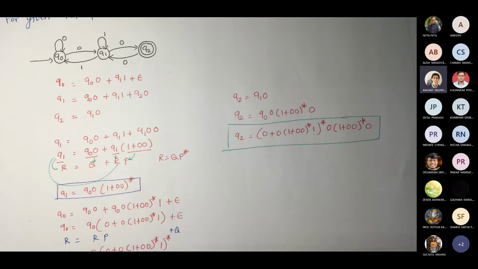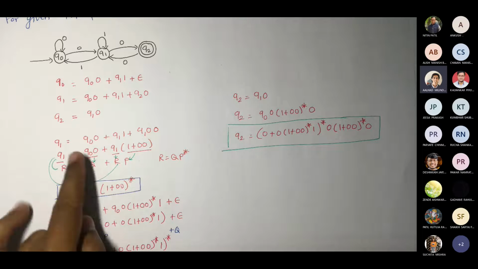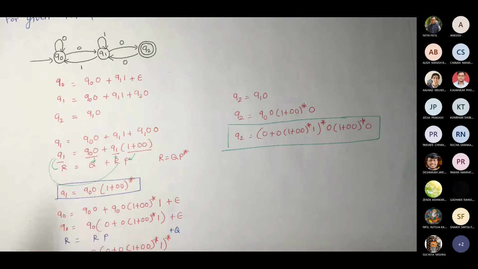Then we used Arden's formula and all those rules to simplify each equation, and then put them in the final state's equation. Finally, we have to solve mainly the equation for the final state.